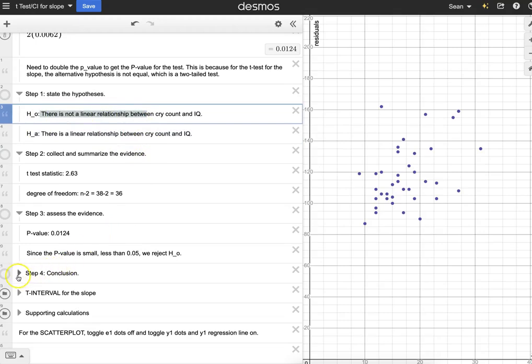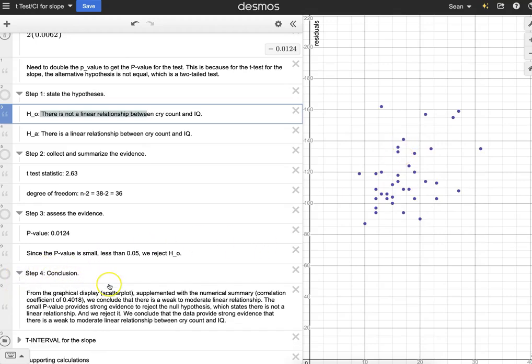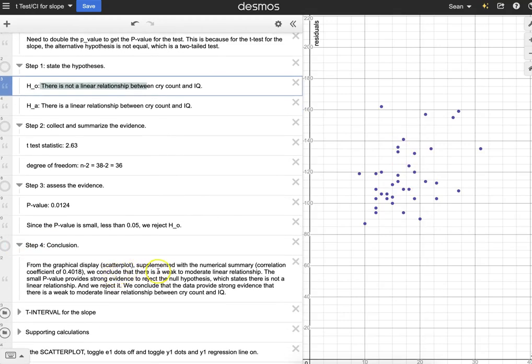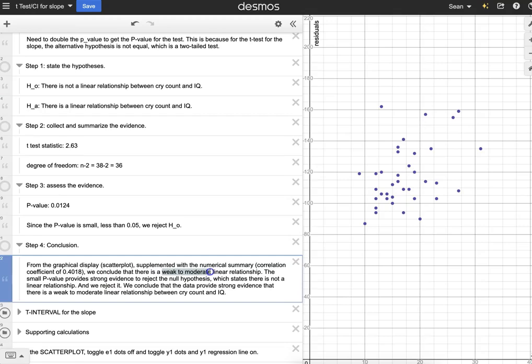And the graphical display, scatter plot, along with the correlation coefficient of 0.4018 tell us that the linear relationship is weak to moderate. And so we would combine the two facts and make a statement.